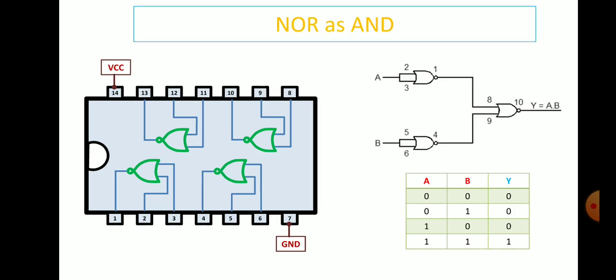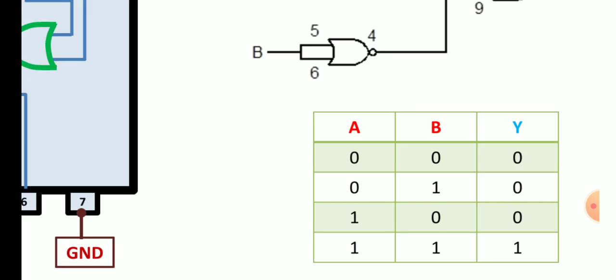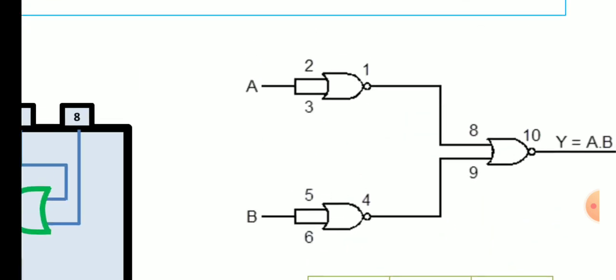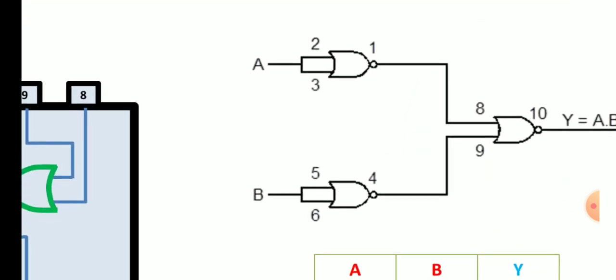Then the AND gate. 3 NOR gates we are going to use for constructing the AND gate. The circuit diagram is given. What we have to do: 2 and 3 have to be interconnected and also 5 and 6 have to be interconnected.